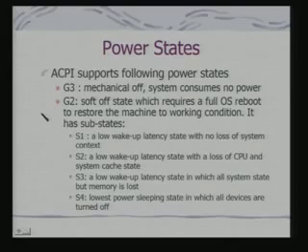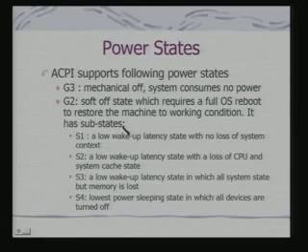In fact, when we are talking about the hardware abstraction, ACPI supports a set of general power states, which are an abstraction over the power states that the processor may support. So the power states are G3, mechanical off, where the system consumes no power. G2 is a soft off state which requires a full OS reboot to restore the machine to working conditions.